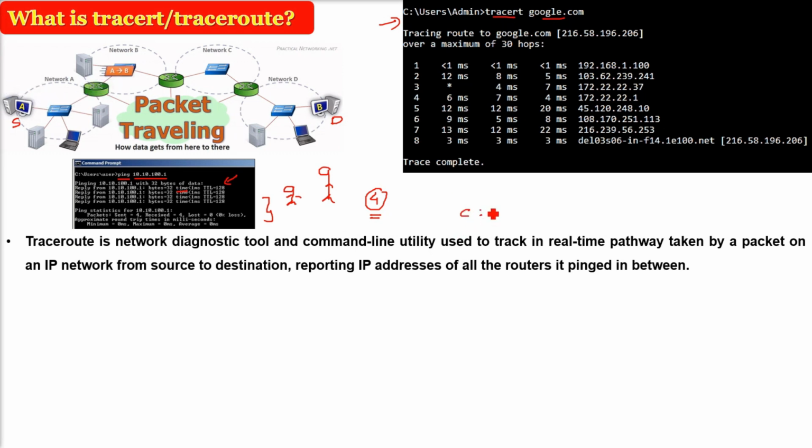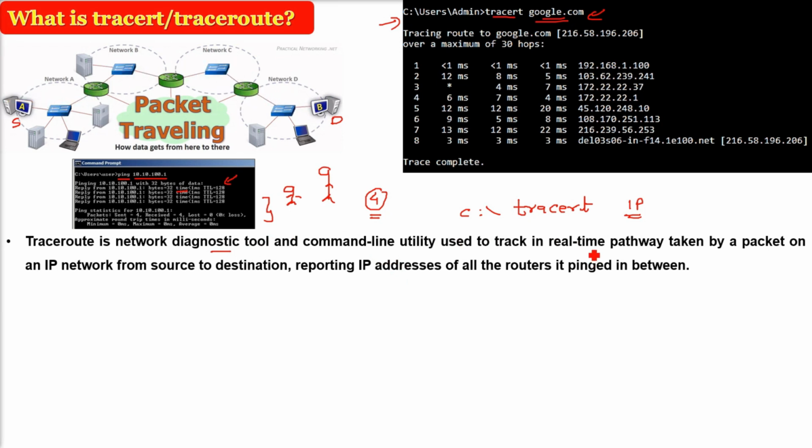For example, if you write C:/tracert and the IP address, like here we are writing google.com. So this traceroute is a network diagnostic tool or command line utility used to track the real-time pathway taken by a packet on an IP network from source to destination, reporting the IP addresses of all the routers it pinged in between.